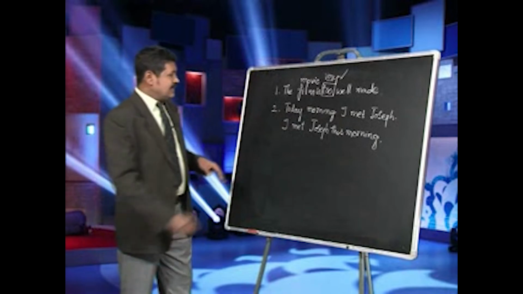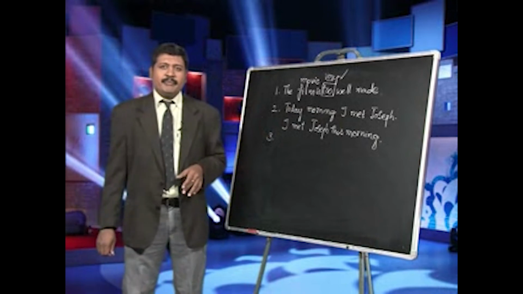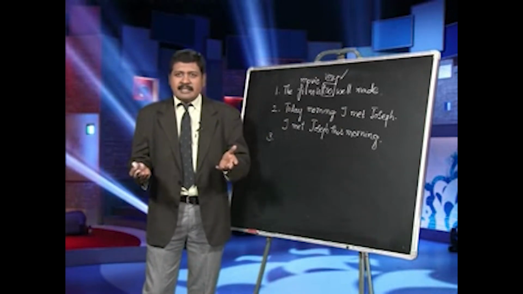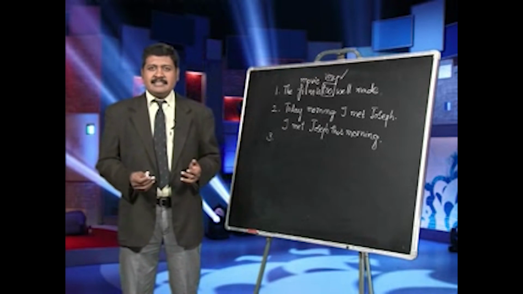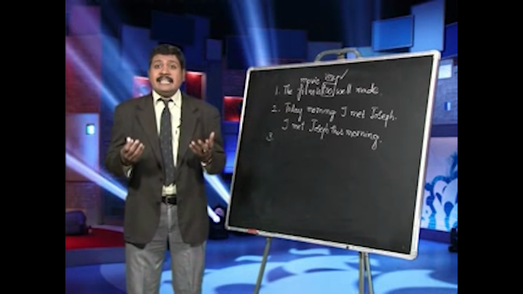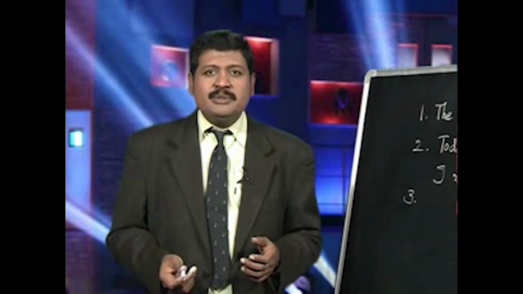Okay. The third correct English usage expression that I have for you in this session is, imagine when you meet someone in the night, say the time is 8 p.m. How do you greet the person? Do you say good night uncle, or good evening uncle?